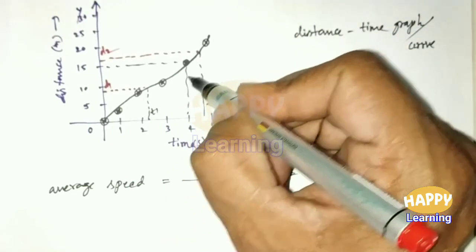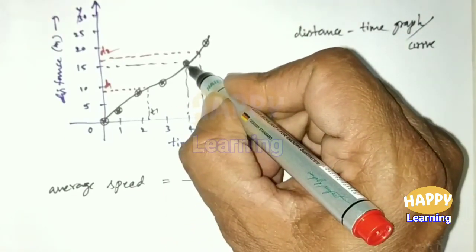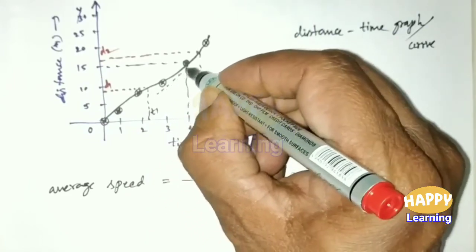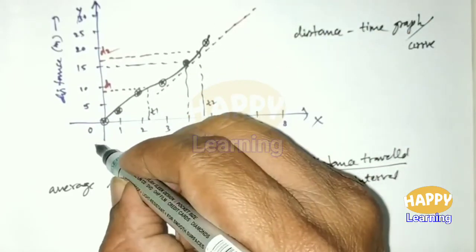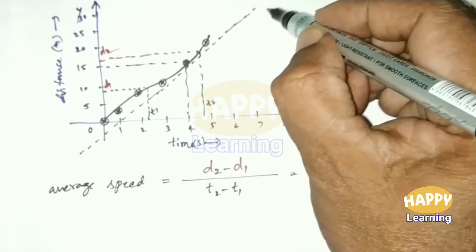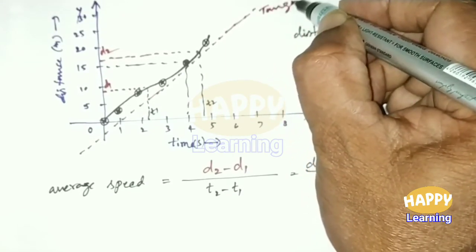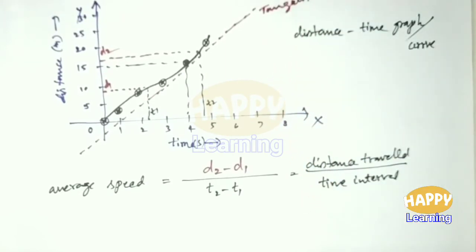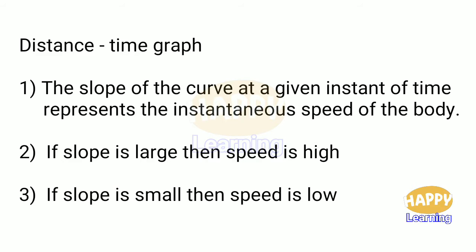If you draw a tangent at any point, select any point, if you draw a tangent, that indicates the speed of the body at that particular moment. In the distance time graph, the slope of the curve at a given instant of time represents the instantaneous speed of the body.